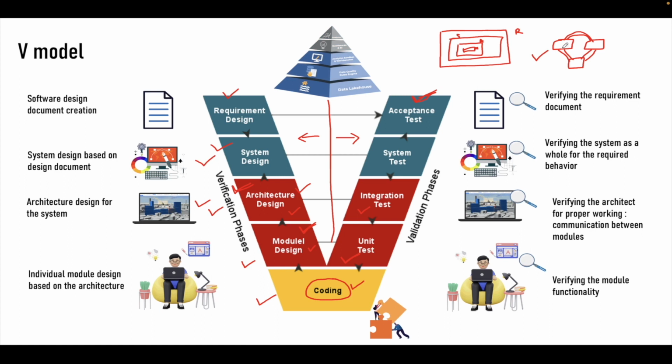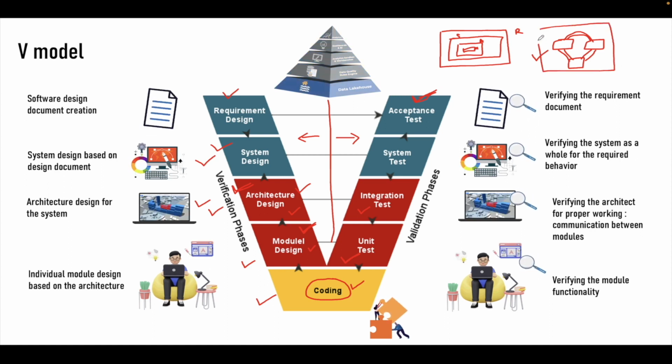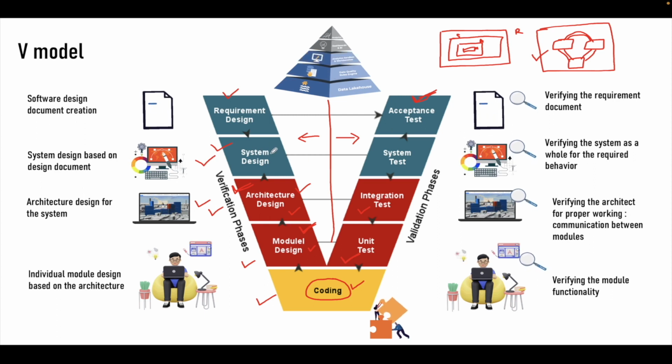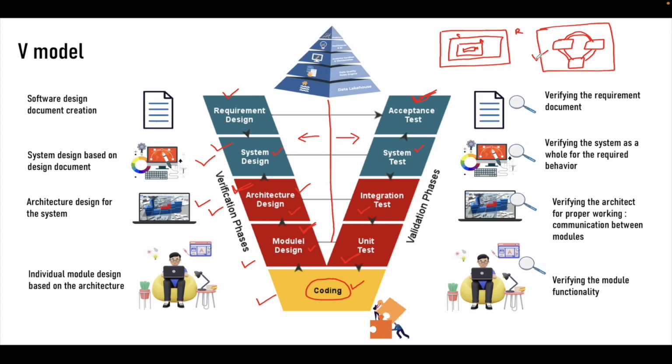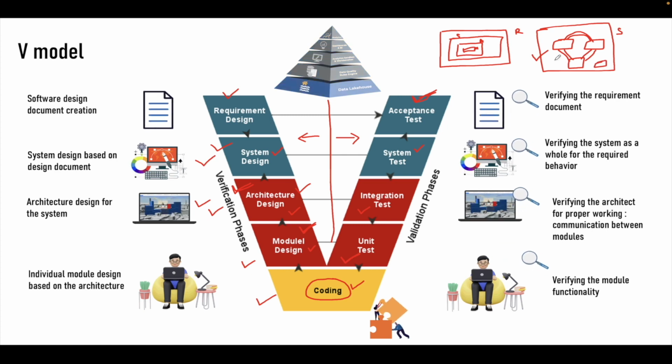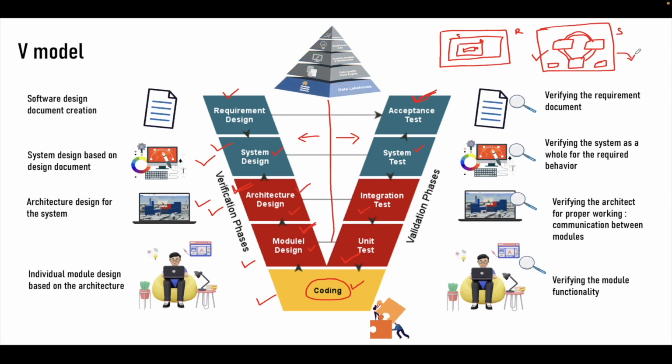Then once the modules are verified as a whole, the system will also be verified against the system testing. Once the system design is complete, this system testing will happen parallelly, and the overall system, along with some interface, suppose with the software, is verified with the system testing.